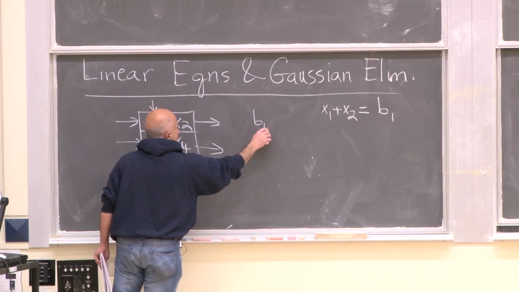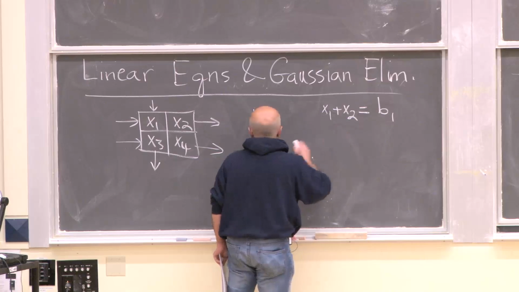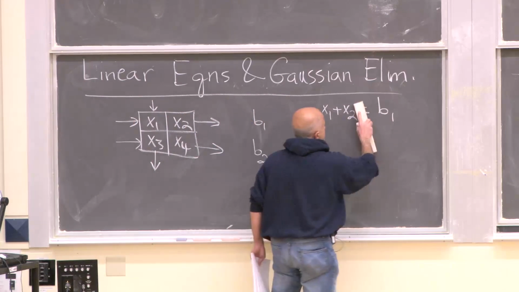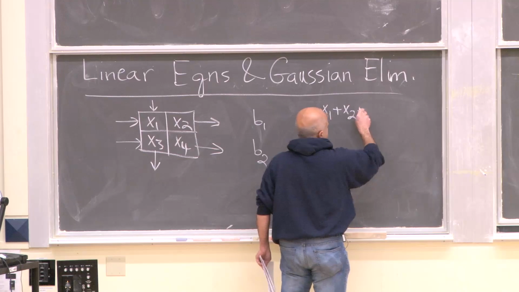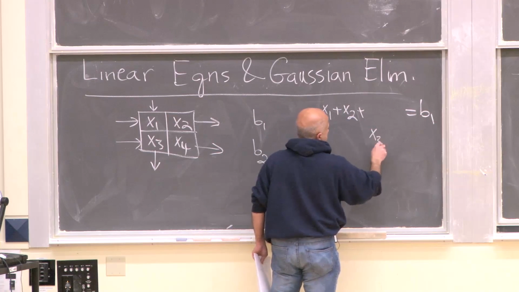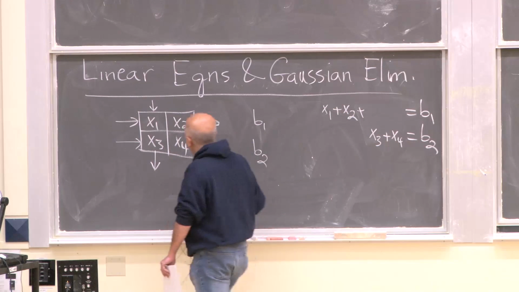So this would lead to B1. This would lead to B2. Actually, let me space it out. So x1 plus x2 was B1. Then we had x3 plus x4 was B2.